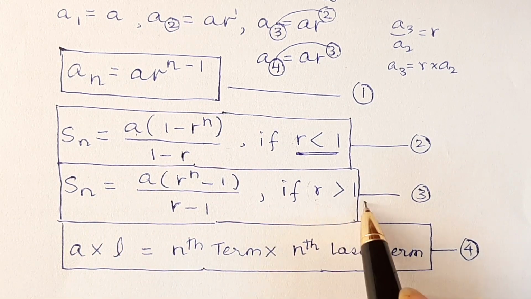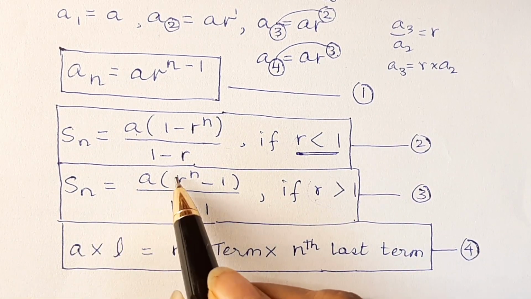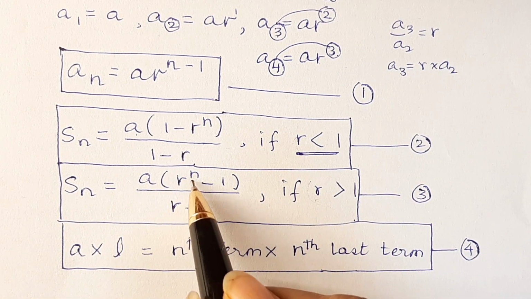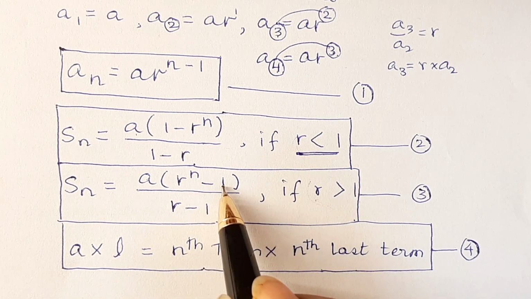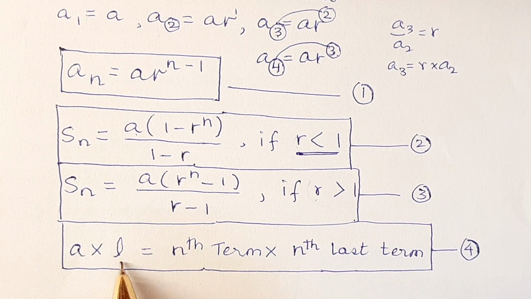And if r is greater than 1, then Sn is equal to A into bracket r to the power n minus 1 upon r minus 1.